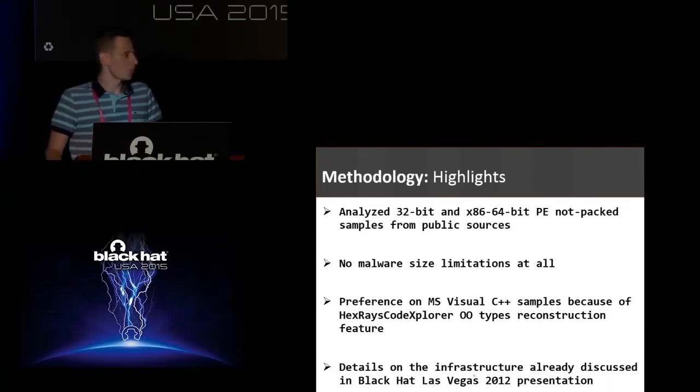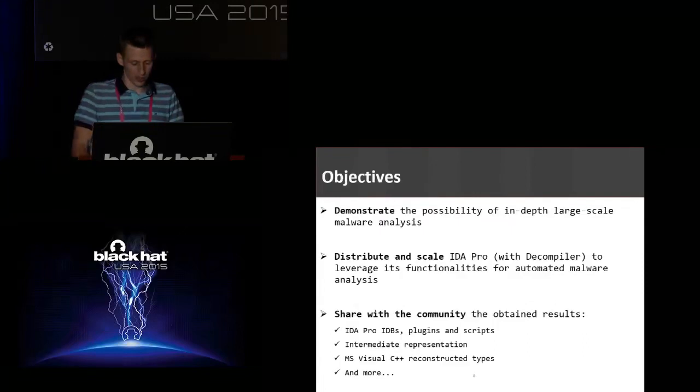We explicitly put our preference on malware written in Visual C++ because of the algorithms we were using for this research, because they were mostly working with this platform. That's why we were targeting only Microsoft Visual C++ binaries. Information about the distributed environment was presented at Black Hat 2012, so we're not going to speak about it in this presentation. If you're interested, you can go back to that material and learn how it looked.